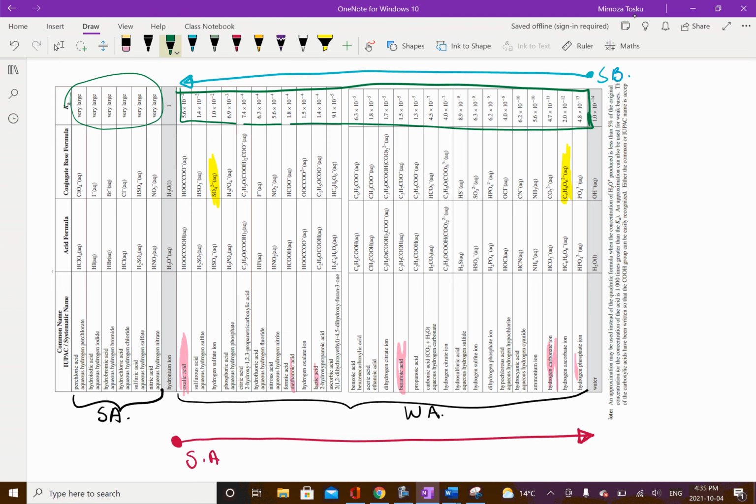Okay, so now remember what we said at the end of the previous video when we talked about auto-ionization of water, that Kw is equal to the concentration of the hydronium times the concentration of hydroxide. So this is a different way to figure it out as well.